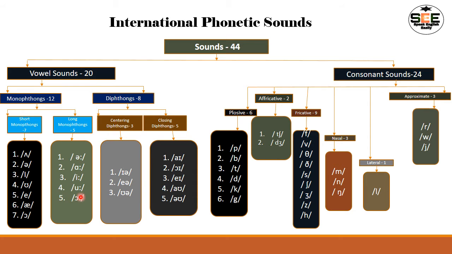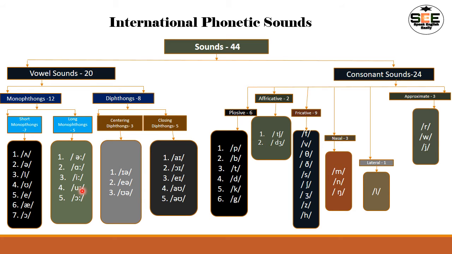Number four, it is u and then colon, that means it produces oo sound. Capital means long stretch, oo, right? If we see, this is short oo, it is long oo stretch. Number five, it is symbolized as half o and colon, so it produces o sound, right? See, it is short o, it is long o.